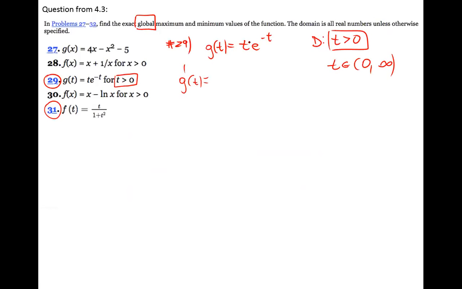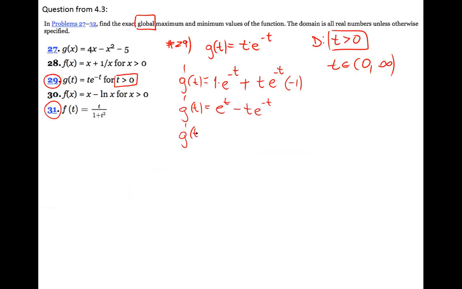Okay, product rule, I will put the dot. Derivative of t is 1 times e to the negative t plus t, and derivative of e to the negative t is e to the negative t times -1. Let's clear things. e to the negative t, minus t e to the negative t.